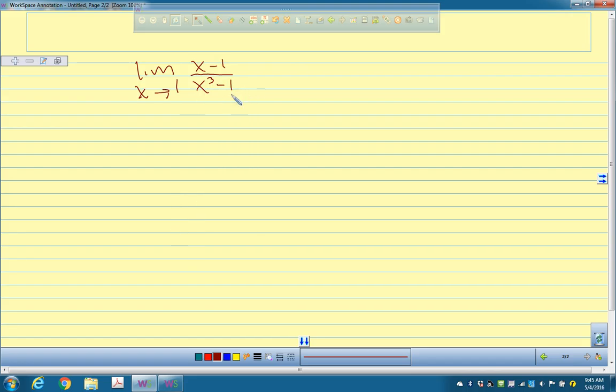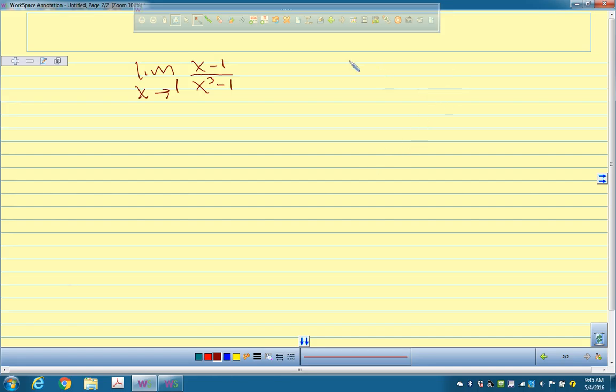If I plug in 1 in here, do you see that I get 0 over 0, which is indeterminate. You can't tell anything about it. So then you have to factor the x cubed minus 1. Do you know how to factor x cubed minus 1? Is it x plus 1, x minus 1, x plus 8? No. Yeah, there's a formula.